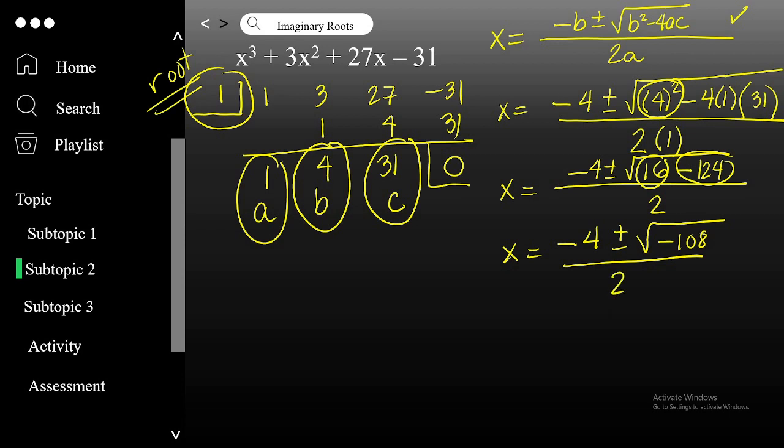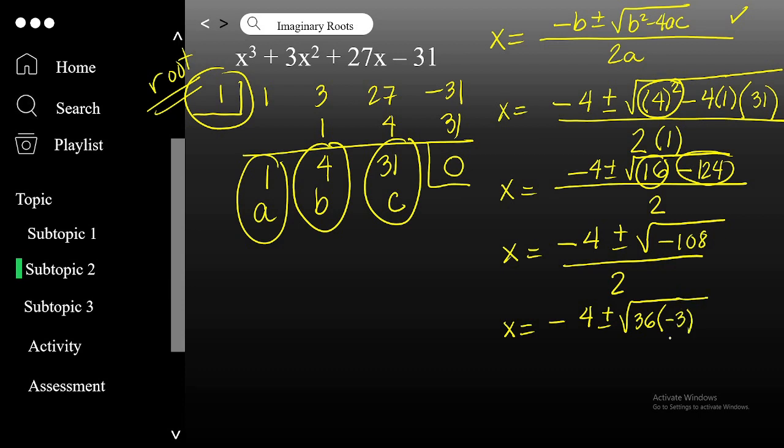Now, let's think of factors of negative 108 such that one factor is a perfect square. Is there such a factor? Yes, there is. We will have negative 4 plus minus the square root of 36 times negative 3.